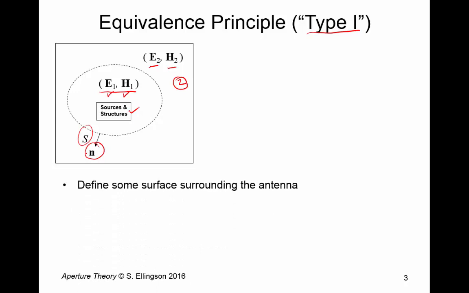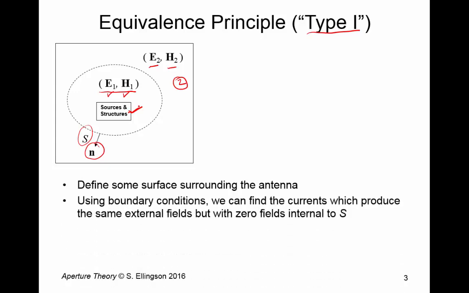So, here's the idea. You define some surface that surrounds the antenna. Now, the antenna is made up of sources and structures, so this is the surface S that we've just already identified. Using boundary conditions, the electromagnetic boundary conditions, we can find currents which produce the same external fields.